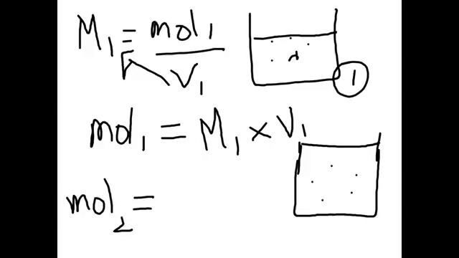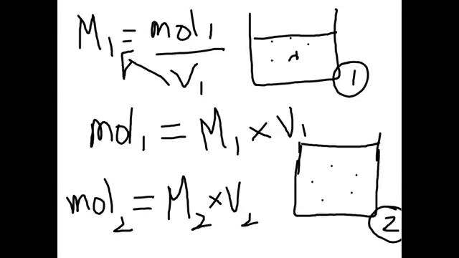Based on the same formula, moles 1 is M1 times V1, and moles 2 would be M2 times V2. This is the second beaker, right? But do you agree that it's 1, 2, 3, 4, 5 here, and it's 5 over there?